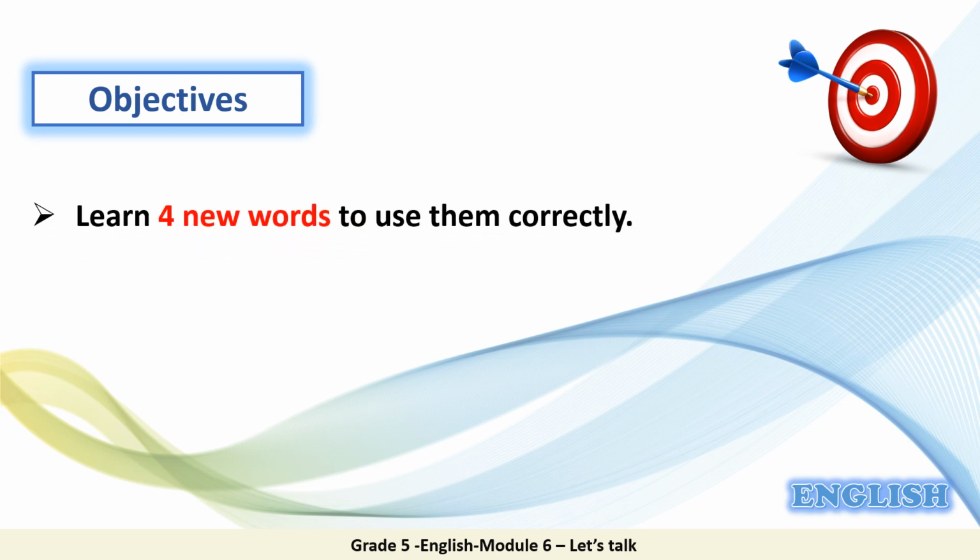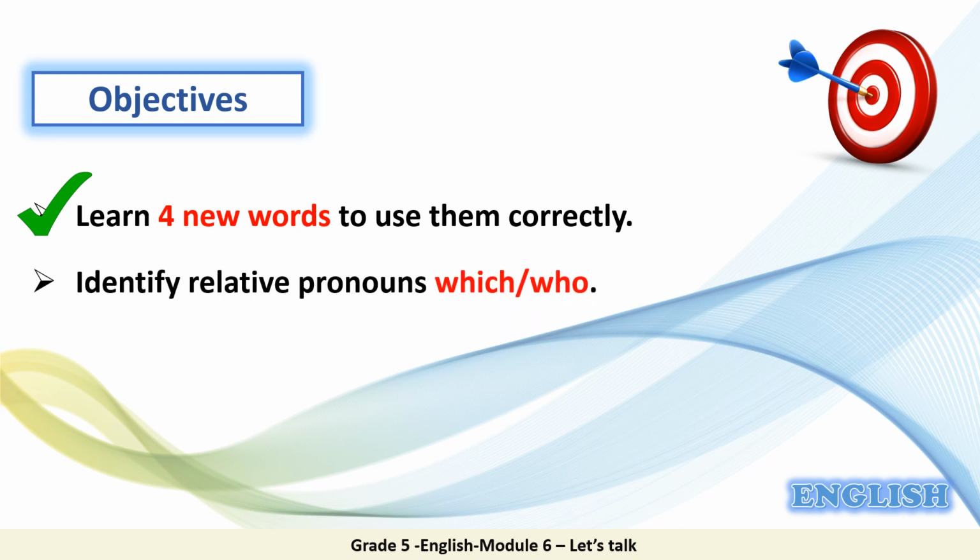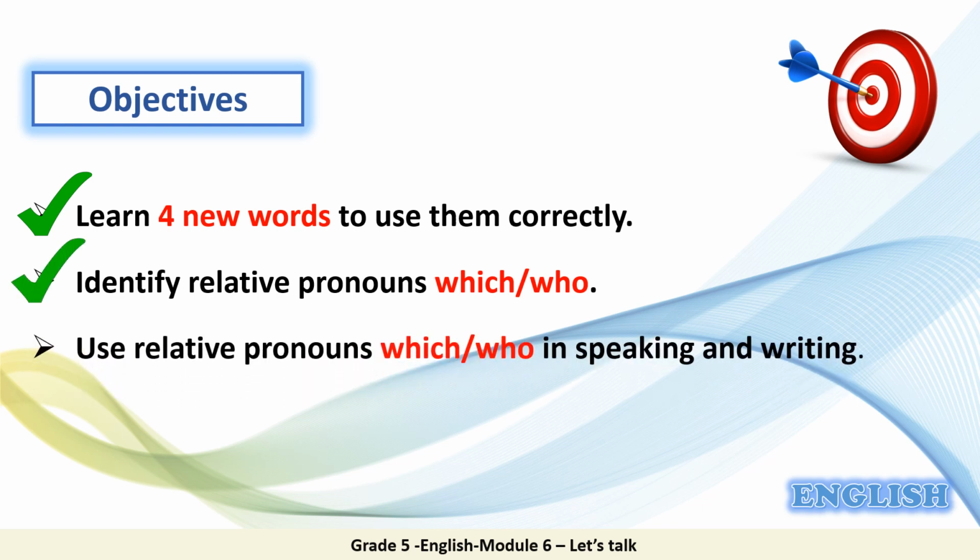Let's have a look. We have learned 4 new words and we used them correctly. We also identify relative pronouns which and who. And we use relative pronouns which and who in speaking and writing.